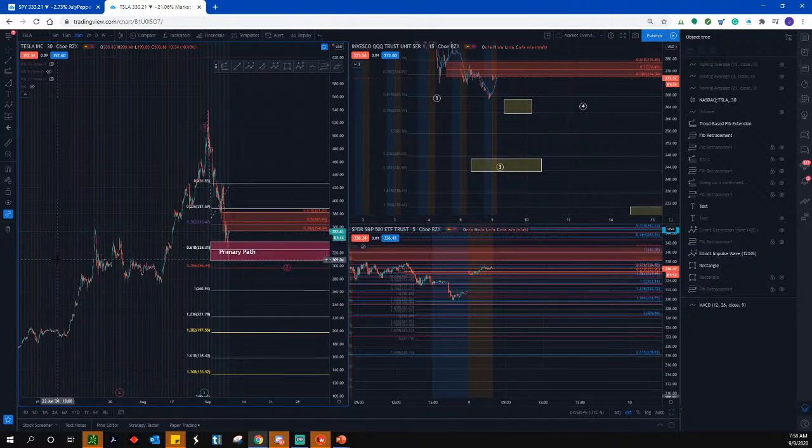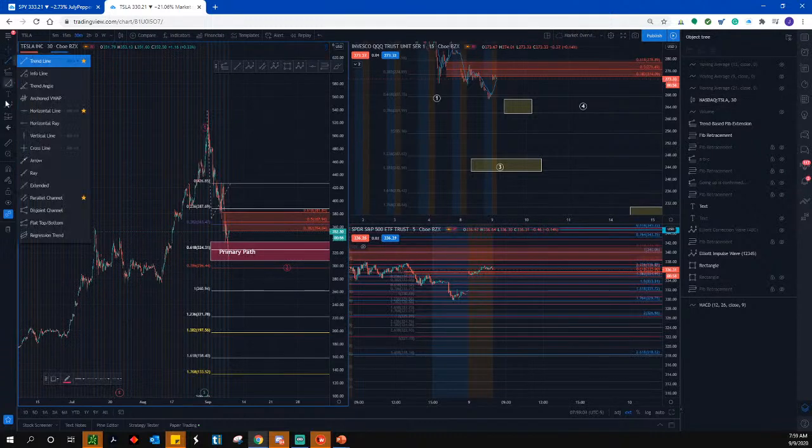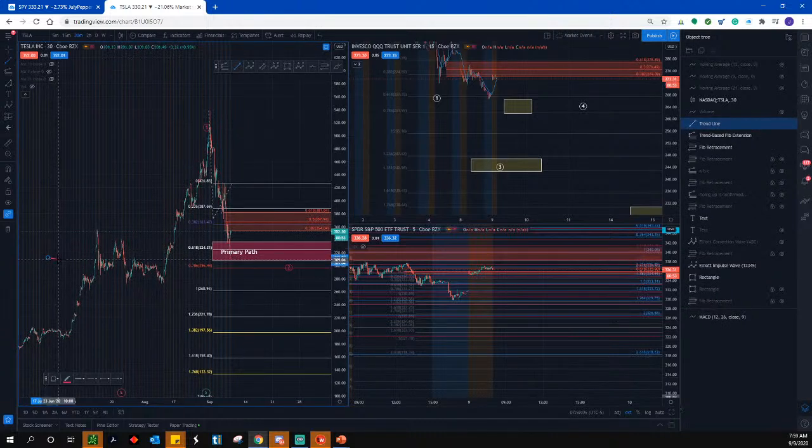Right there. So I did break these two resistance levels here on all these three here, but it did find support here. Oh, look, wait a minute. Yeah, here in this area.